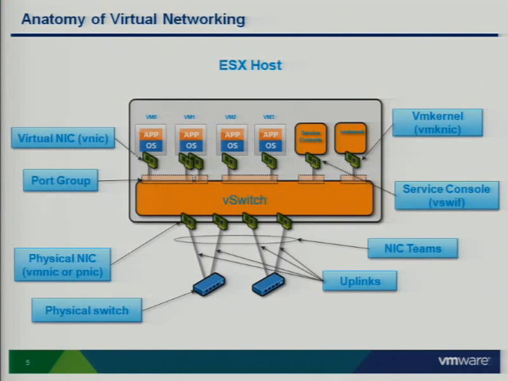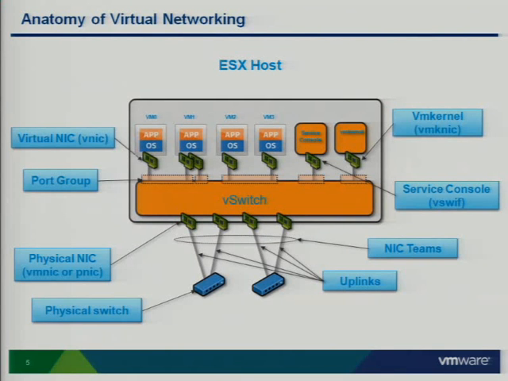Now, in addition to the VM traffic, virtualization has got sufficiently complex that there is other traffic going on. One type of traffic is the service console, which is used to manage the host, the hypervisor itself.